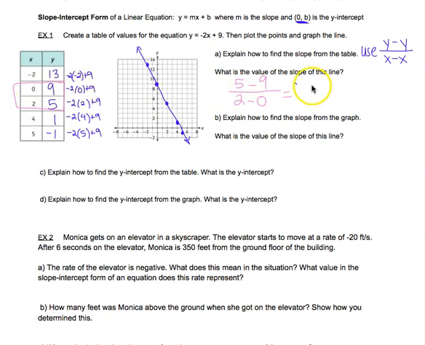So 5 minus 9 is negative 4, 2 minus 0 is 2, and negative 4 over 2 is negative 2. So the slope of this line is negative 2.